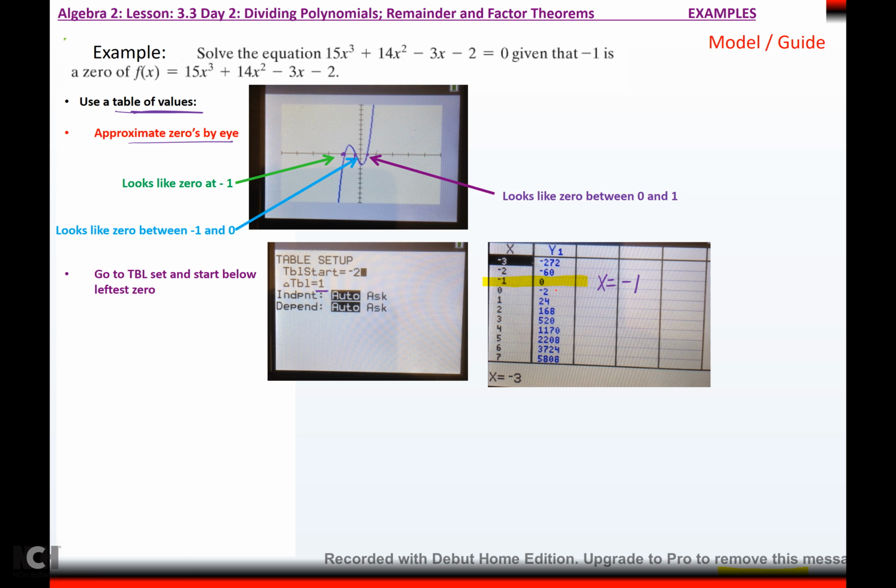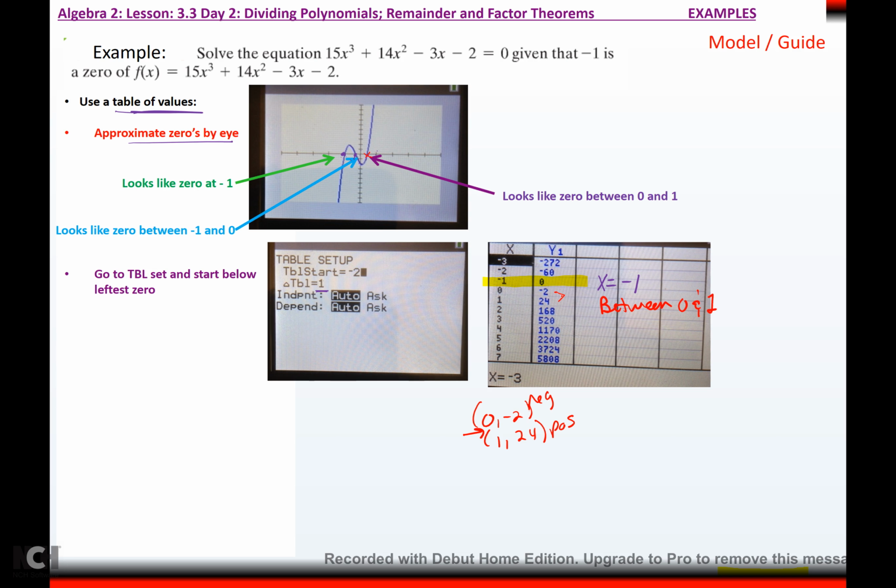Well, do you see how these two ordered pairs, 0, -2, and 1, 24, if you look at the y values, this one is negative, this one is positive. So that means somewhere between 0 and 1, this function had to cross the x-axis. And sure enough, it shows me it did right there. Okay? So I know that there's going to be one between 0 and 1.